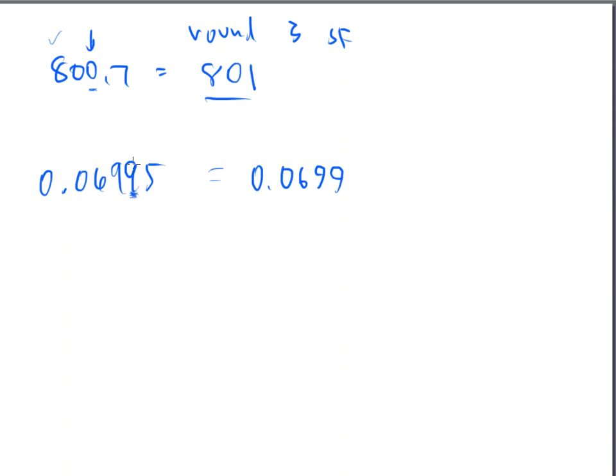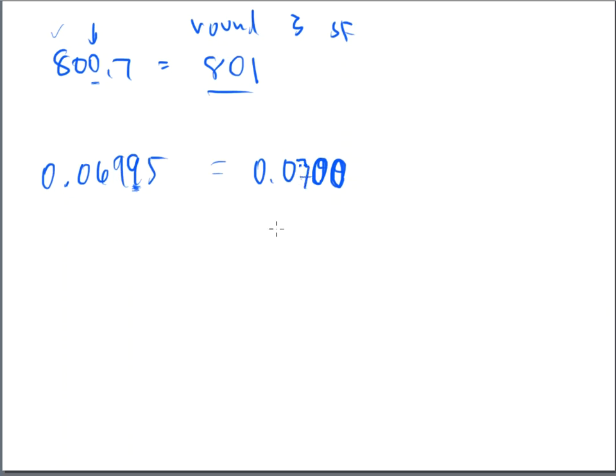Well, the 5 is going to make that 9 round to a 0, and that makes that 9 round to a 0, and that makes that 6 finally round up to a 7. So 0.0700 would be the proper way to round that value to 3 sig figs.